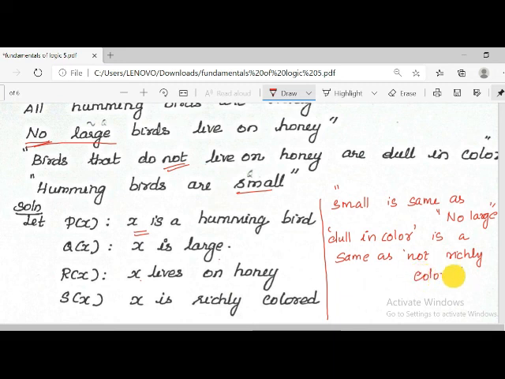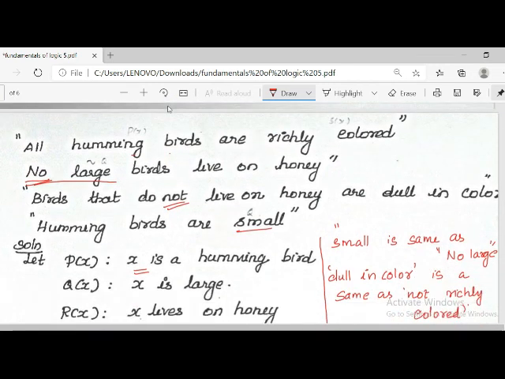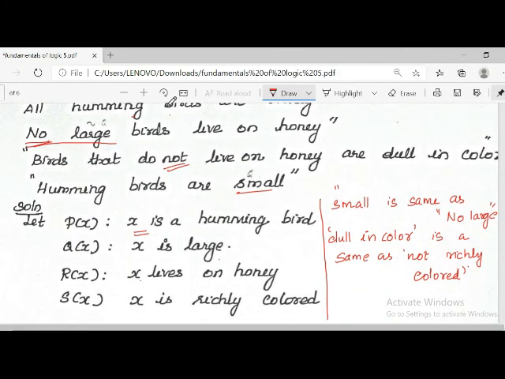So it is not necessary to form a new sentence. First of all, let me take x is a hummingbird, then x is richly colored is given here. Next, no large birds: x is large, x lives on honey. Then hummingbirds are small, x is richly colored. Like this you can take the statements.